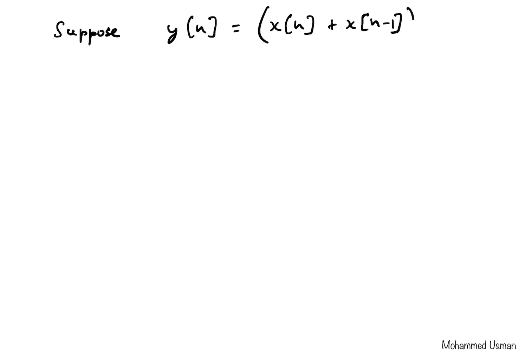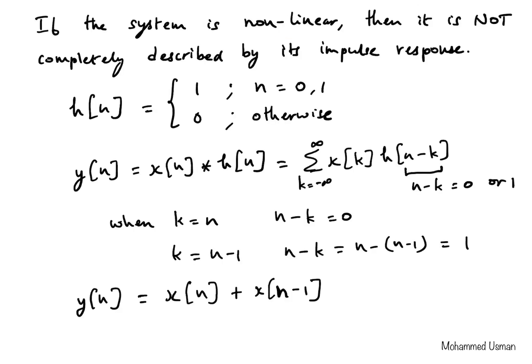So suppose the output is the square of the sum of the current input and the previous input. That's a nonlinear system because it has a square term here. And again, the impulse response of the system is the same as the previous impulse response.